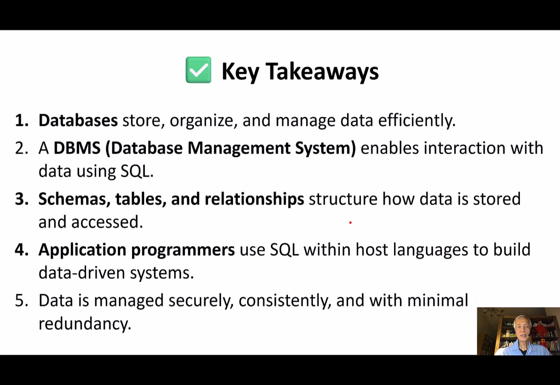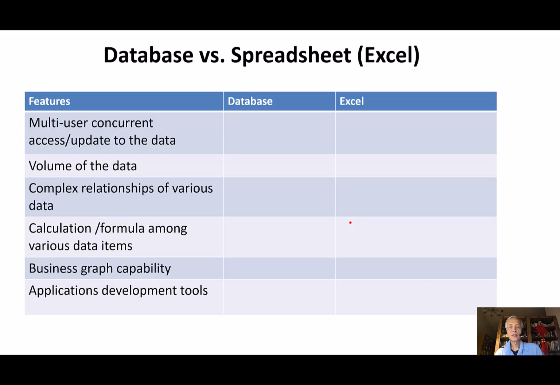I think we're almost done. Just very quickly, a lot of you are familiar with Excel. When you look at a database table, you say, well, I can do that in Excel. And sometimes in Excel, you can use table lookup, VLOOKUP, and XLOOKUP, etc., to combine data from sometimes two worksheets.